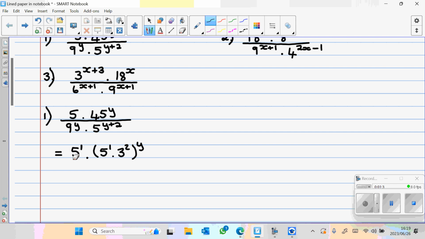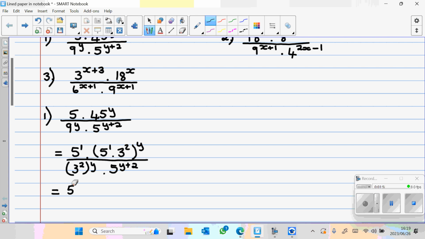Then 9 is 3 to the power 2, and 5 is already a prime number, so we're going to leave it there. Now I'm going to put all the 5s together. Or first I'm going to take the powers in.